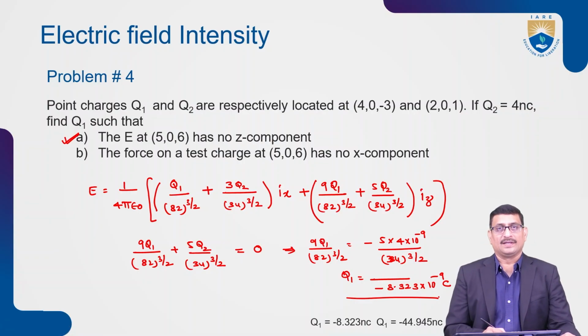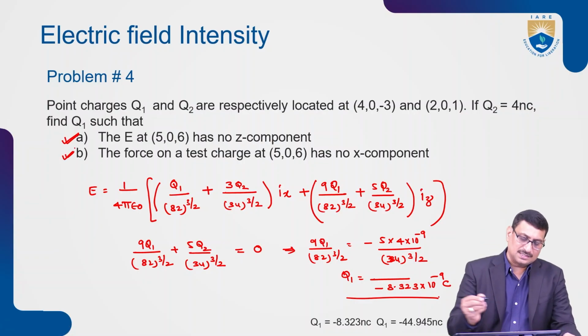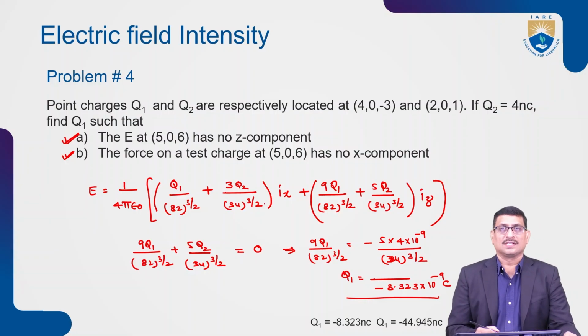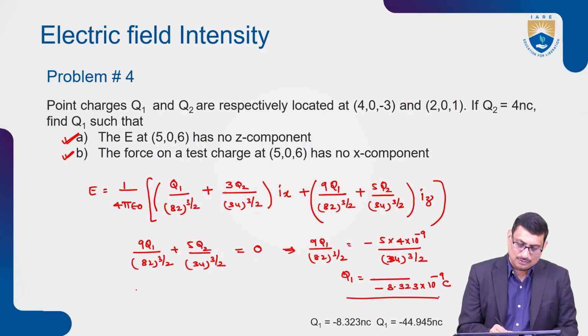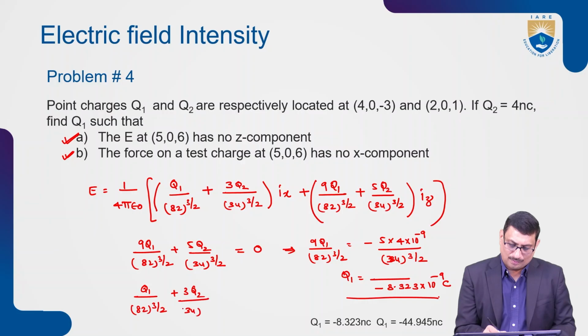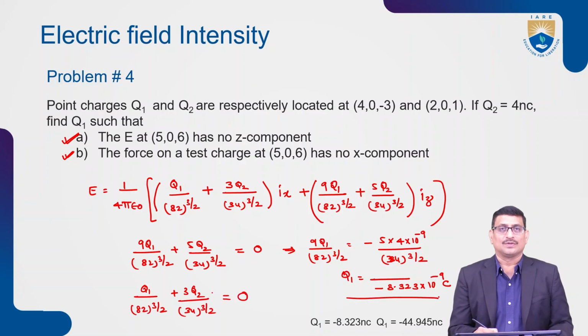In a similar way, the second bit is asking that the force on a test charge at 5, 0, 6 has no X component. Means the X component is 0. That is, the electric field intensity at 5, 0, 6 has no X component. So I will do Q1 divided by 82 whole power of 3 by 2 plus 3Q2 divided by 34 whole power of 3 by 2 into 1 divided by 4 pi epsilon naught equal to 0.